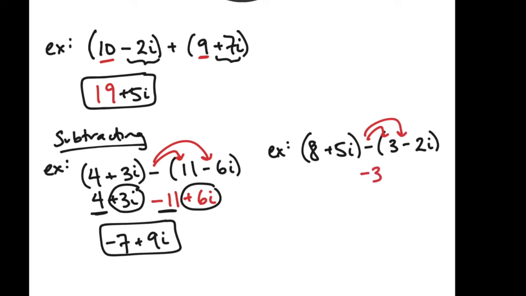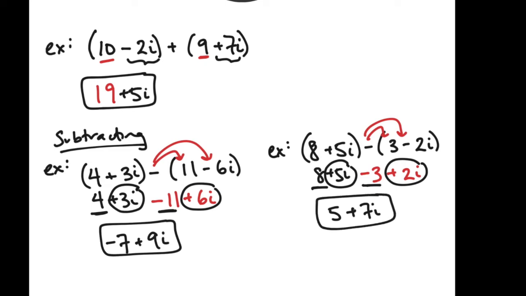That'd be minus 3, and negative times a negative is positive 2i. The first terms, we did nothing to it, so we leave it alone. Now combine like terms. 8 minus 3 is 5. 5i plus 2i is 7i. And that's our answer.